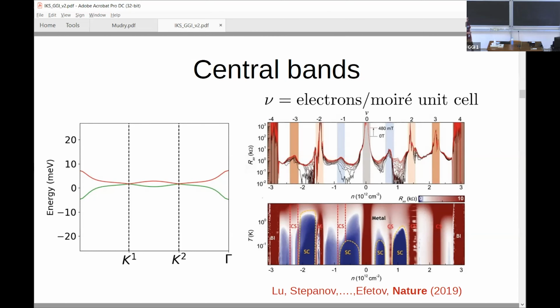So this is not surprising at -4 and at +4, because at -4 and +4, your chemical potential is up here or down here, so you've just got a band insulator. But it's more interesting at all the other integer fillings, where just based on the non-interacting model, you would expect to get a metal. So clearly these are some sort of correlated insulators, and the question I'm going to try to answer today is what the nature of these correlated states is.